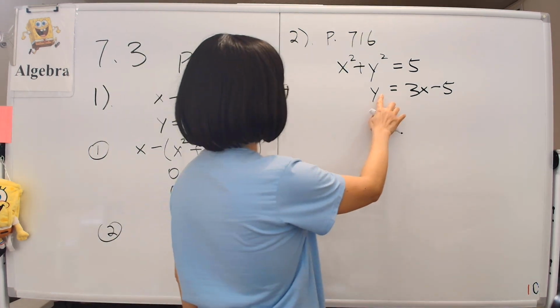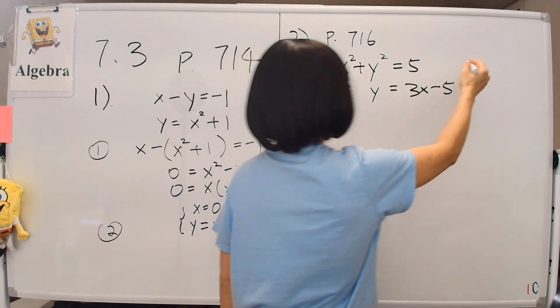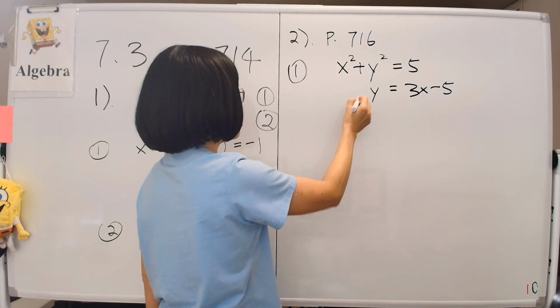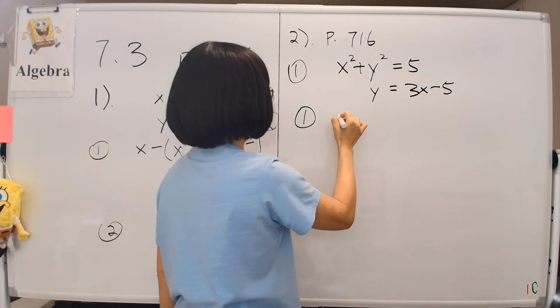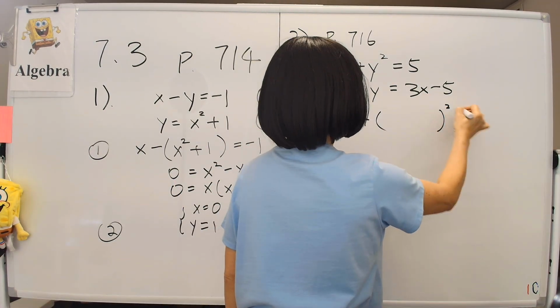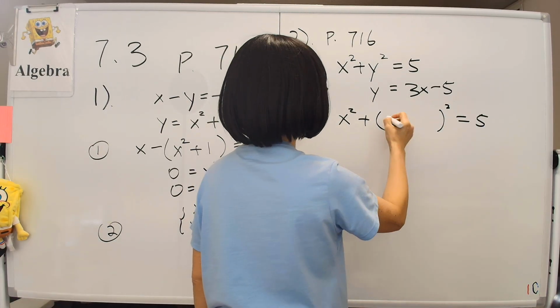Being that I already said y equals 3x minus 5, we'll put y right in here. So this will be equation 1, and we'll put y into equation 1 and get this. So we have x squared plus y squared equals 5, and y is 3x minus 5.